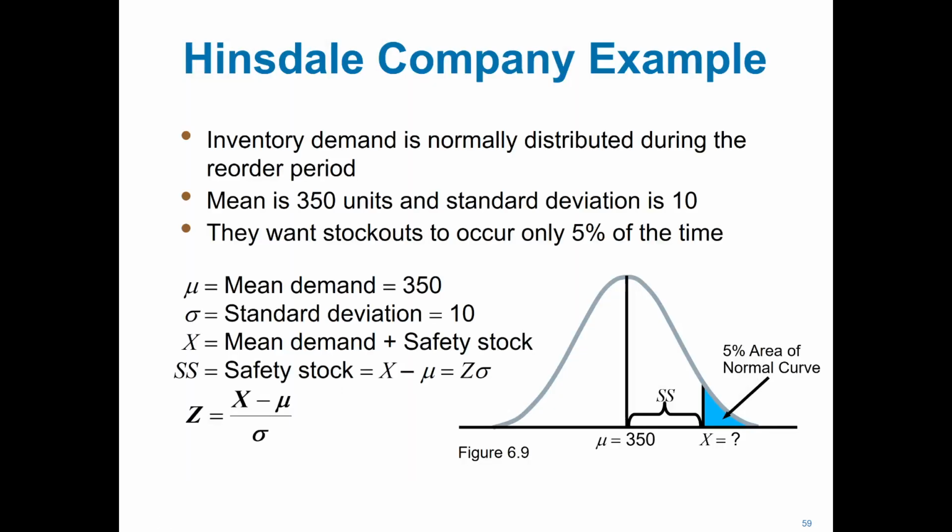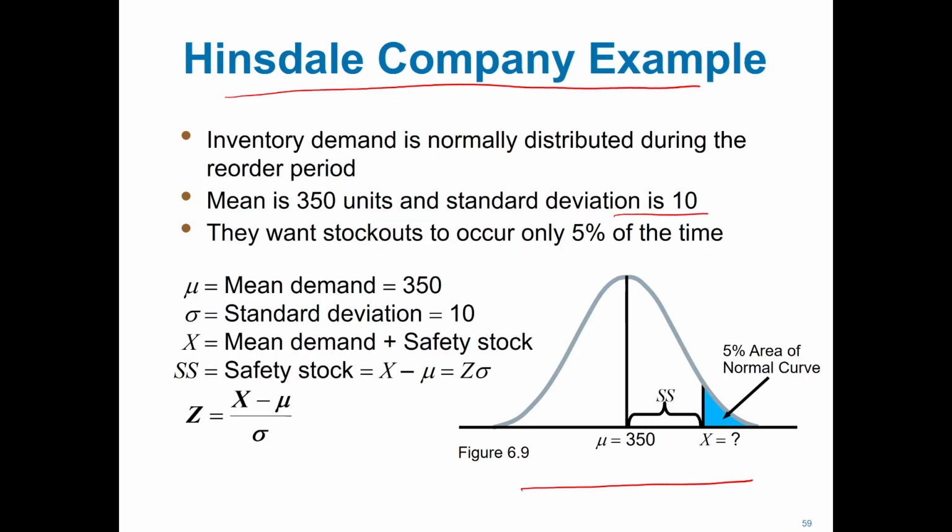Let's look at this example over here, the Heinz-Dale Company example. We have inventory demand which is normally distributed during the reorder period. This is the demand during the lead time, and the mean is 350 units and the standard deviation is 10.